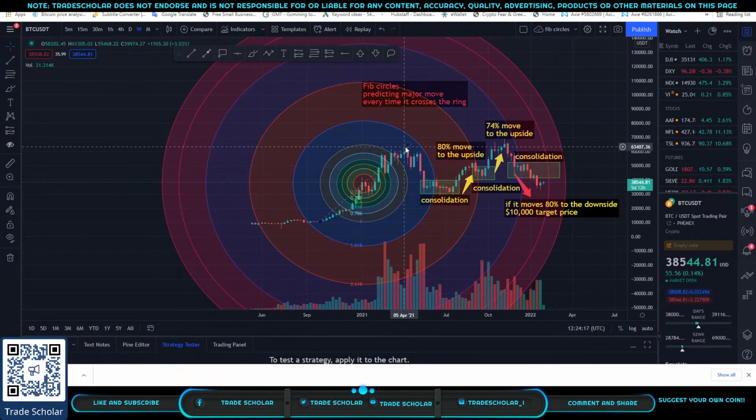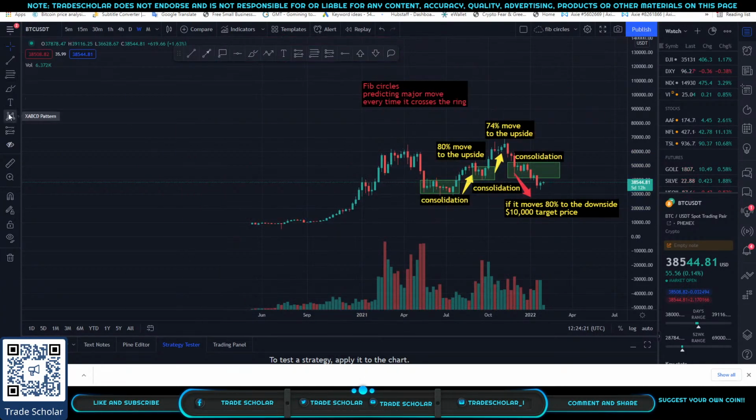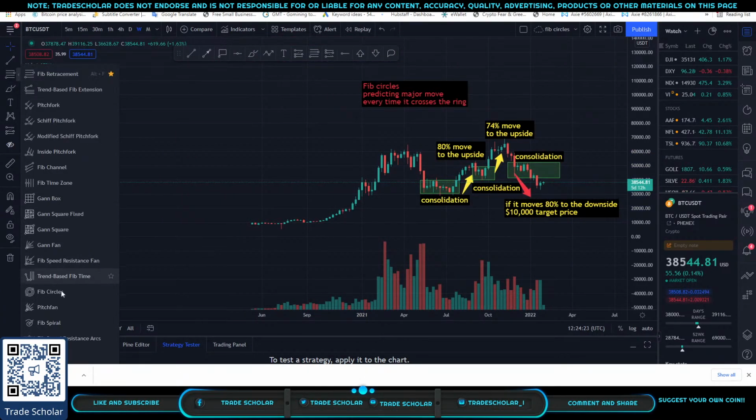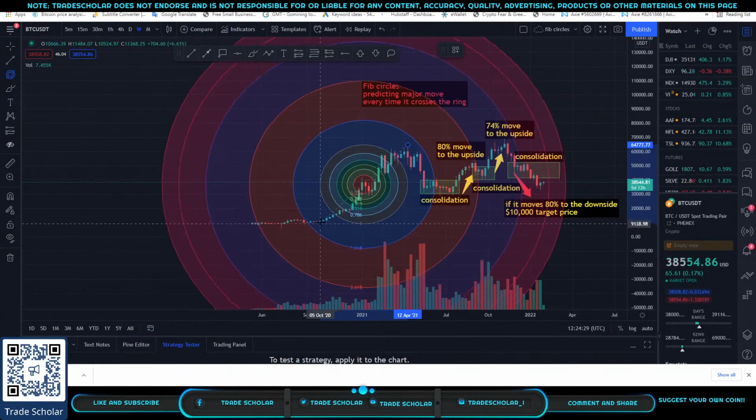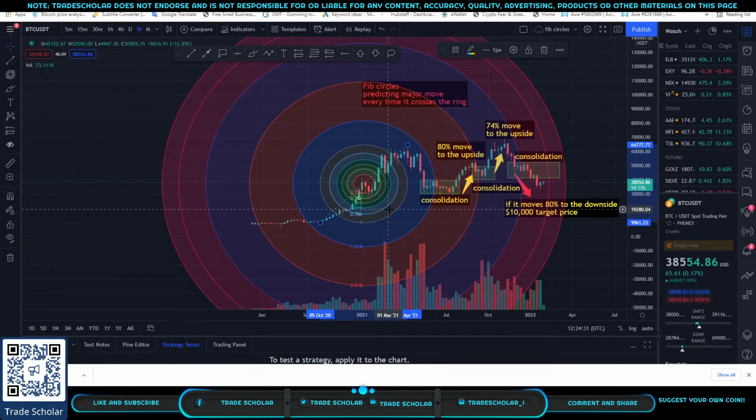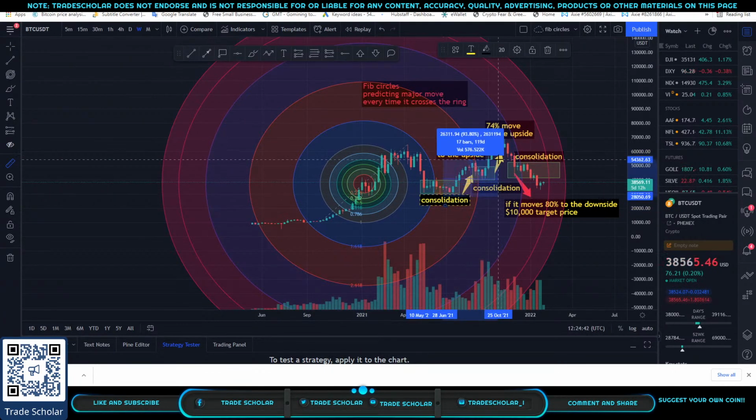Consolidation. How are you going to use this fib circle? You just find the fib circle here, from the previous all-time high, right here, and then from the beginning of the run. So consolidation, and then it pumps to the upside. It moves 80%, that's a huge move right there.